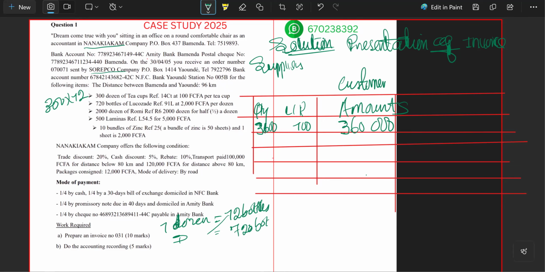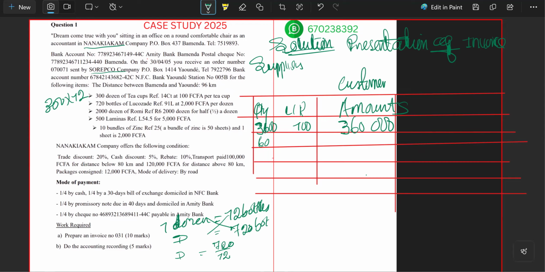So we cross multiply. D will be 720 over 12. When we divide 720 by 12, we have 60. So the quantity will be 60.